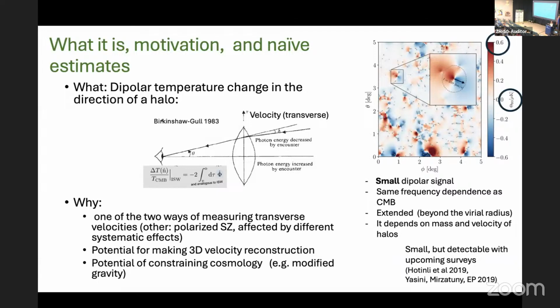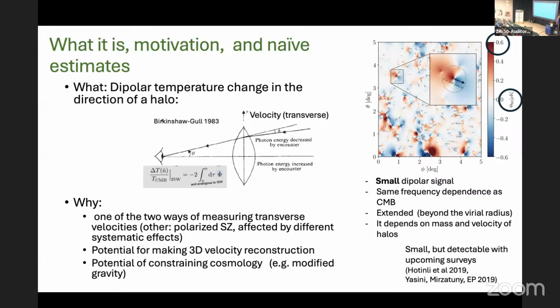I'm going to talk about this moving lens effect, which essentially means if you have an object, a halo, that passes across your line of sight, then the photon from the CMB that is coming to you and is passing through this potential experiences a variation in the potential. So you get a sort of ISW effect.